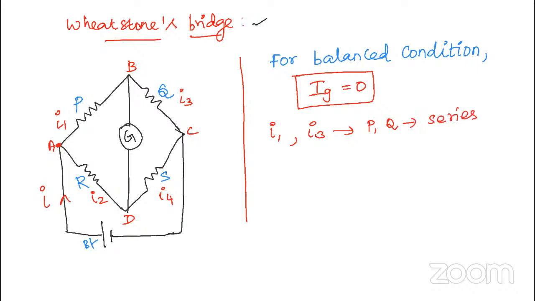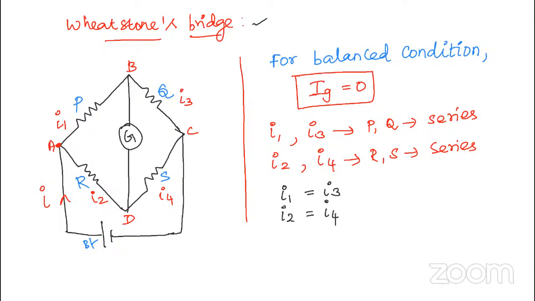Similarly, I2 and I4 are also connected in series. So we write I1 is equal to I3 and I2 is equal to I4.